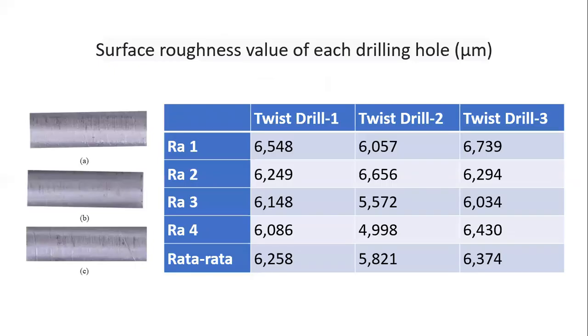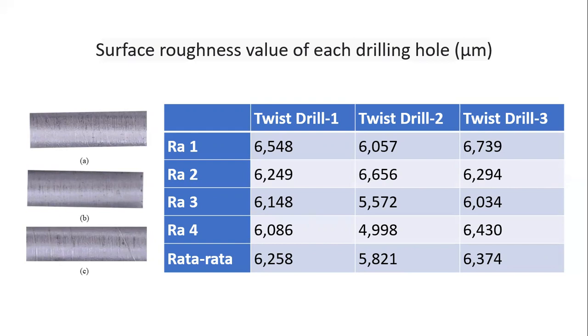And the surface roughness value of the drilling hole in micrometers. In this figure, the average roughness value of the surface from the three drilling processes is shown in the table, while the cross section of the drilling hole is shown in the figure.